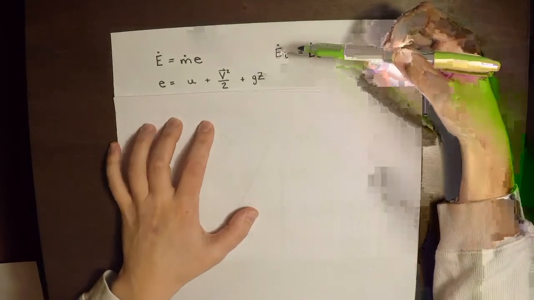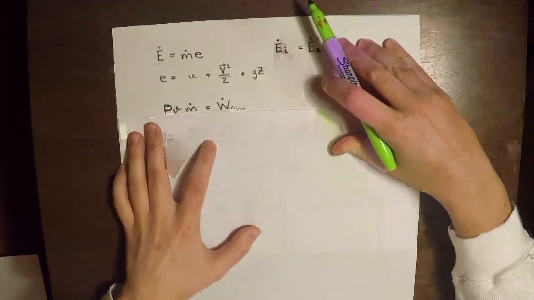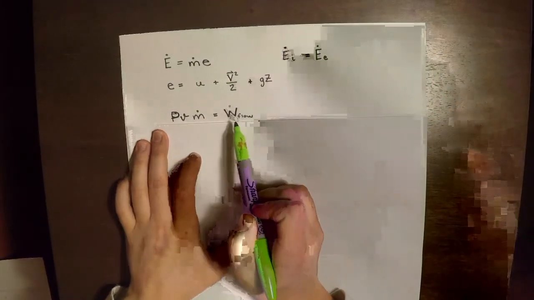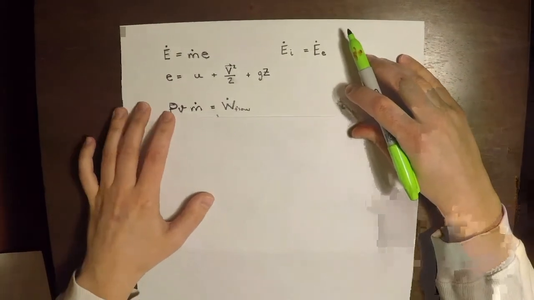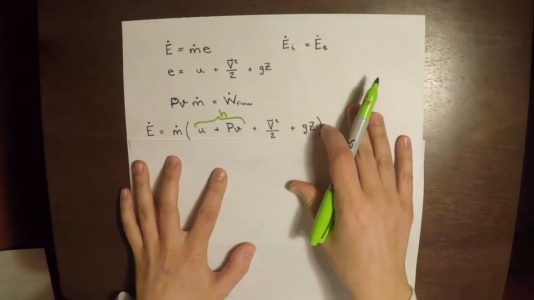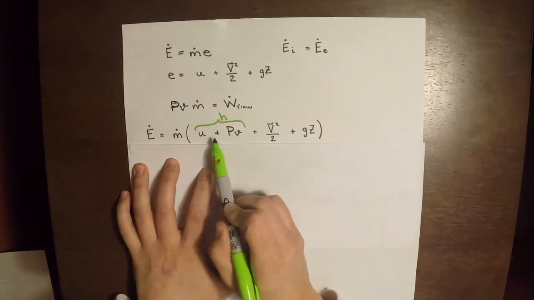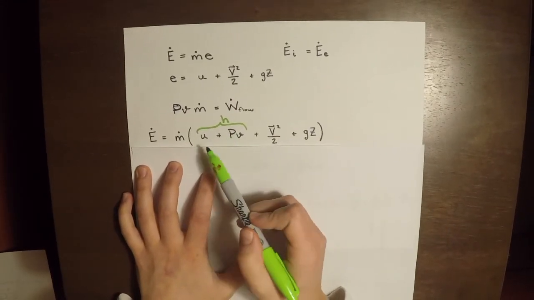We also need to consider that the mass does work flowing in and flowing out, and this flow work is equal to PV times the mass flow. Putting those together, we have this equation, and we can see that U plus PV appears, and we already know that those together equal the enthalpy.